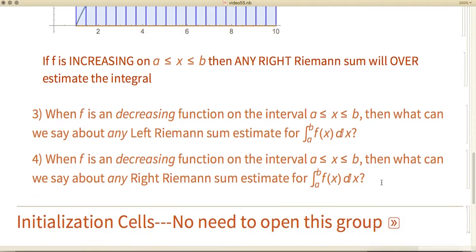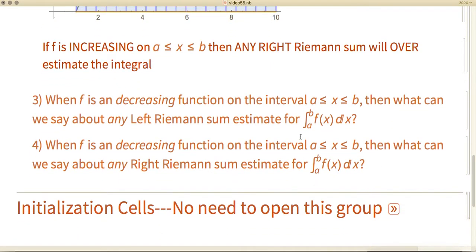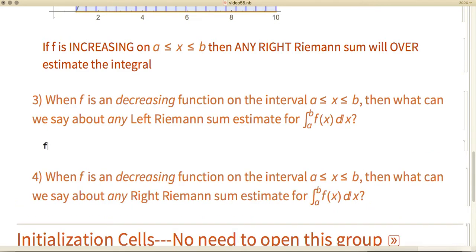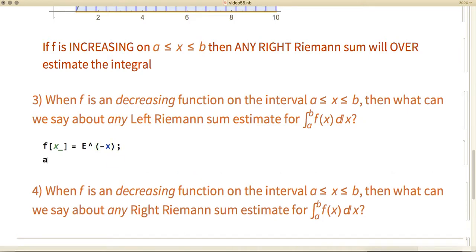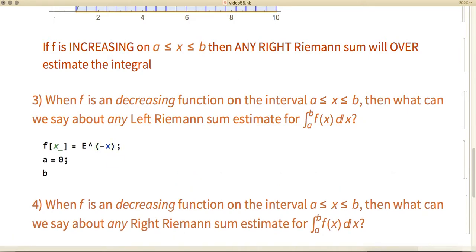Well, what happens if I look at decreasing functions? Let's look at a decreasing function. One of my favorite decreasing functions is e to the minus x. Let's make a equal to 0, and let's make b equal to 3.